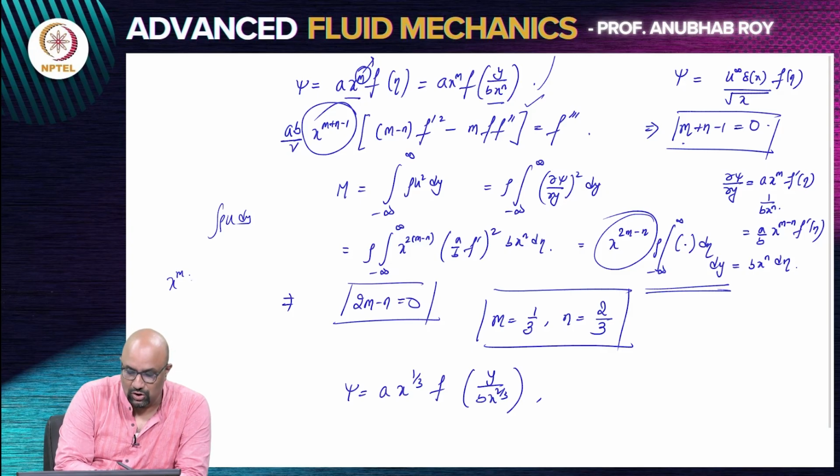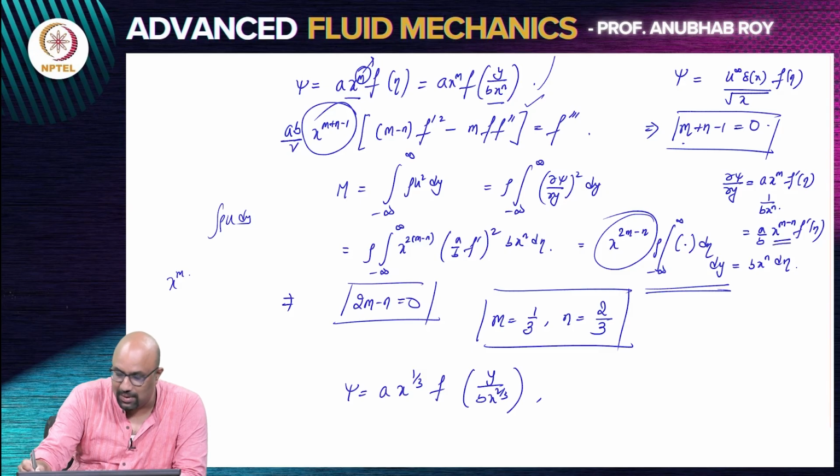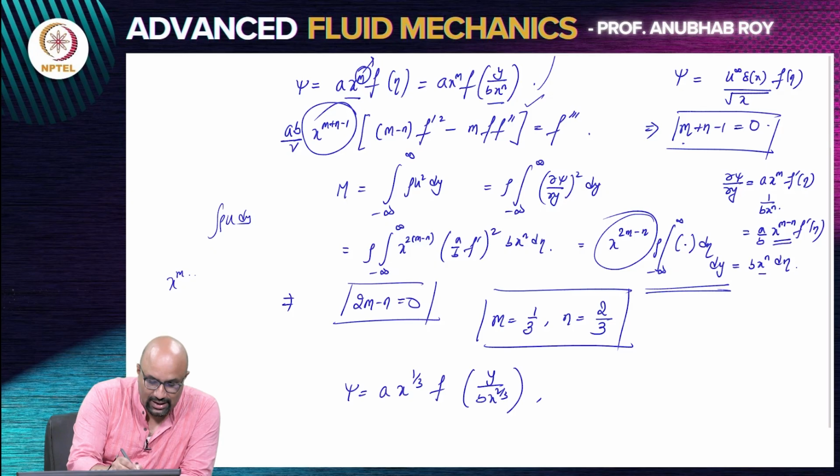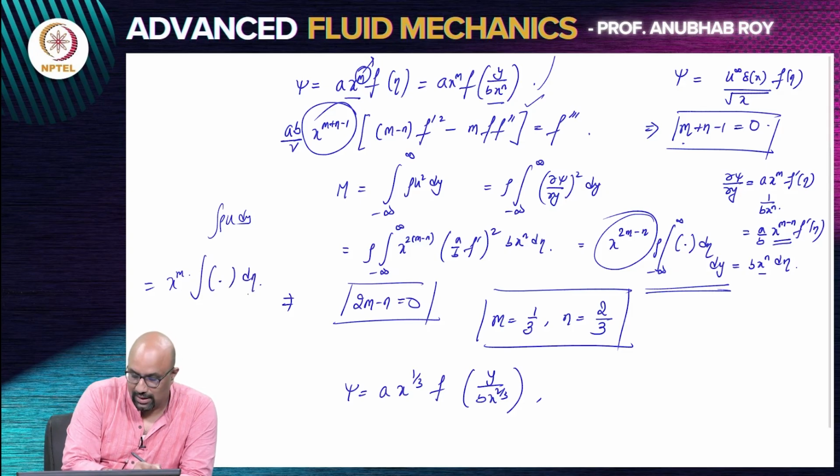Right? Because u is dou psi dou y. Dou psi dou y will have x to the power m minus n, and dy will have x to the power n. So this integral, rho u dy, will be x to the power m times some integral over eta. And we already know what m is.